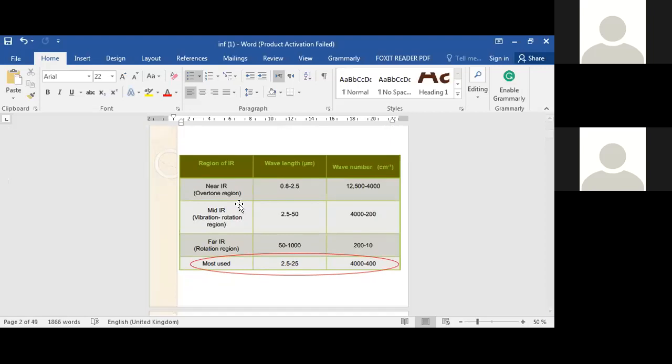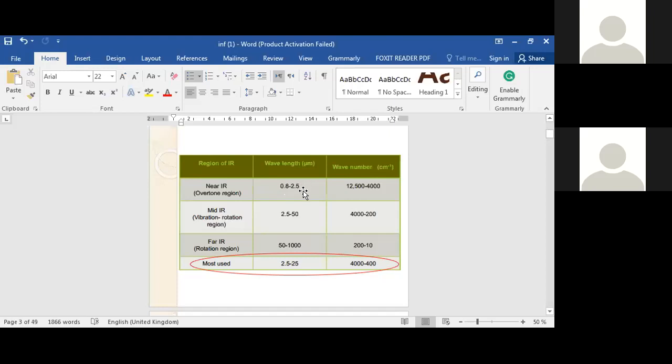So the main regions are: near IR region, and this region of the electromagnetic spectrum is from 800 nanometer to 2500 nanometer, or 0.8 to 2.5 micrometer.